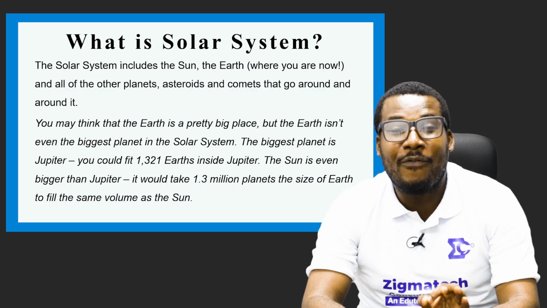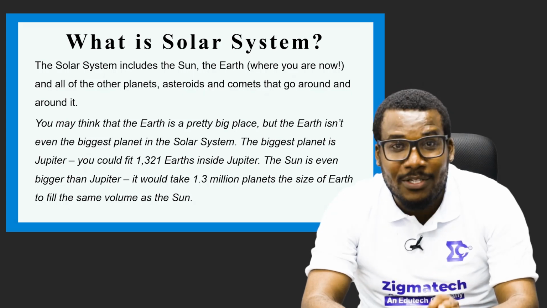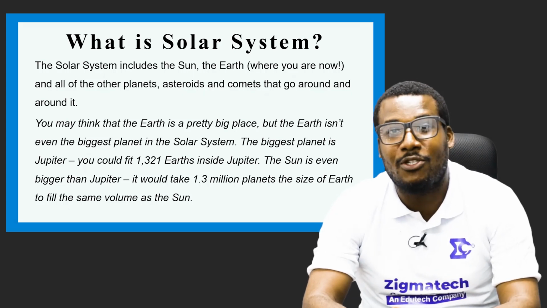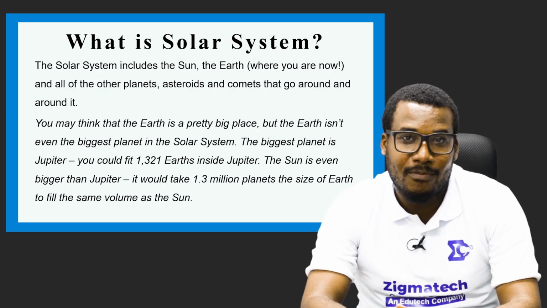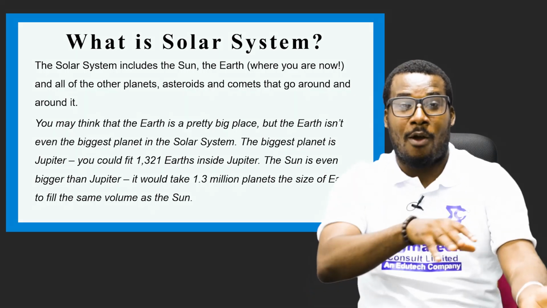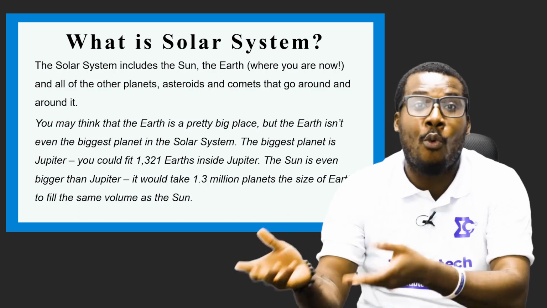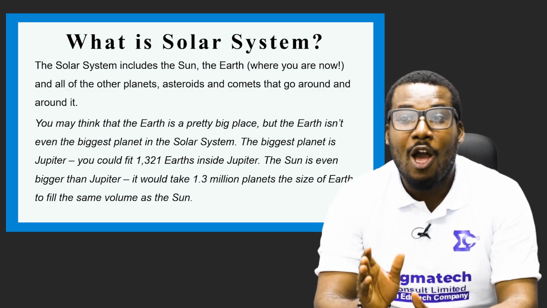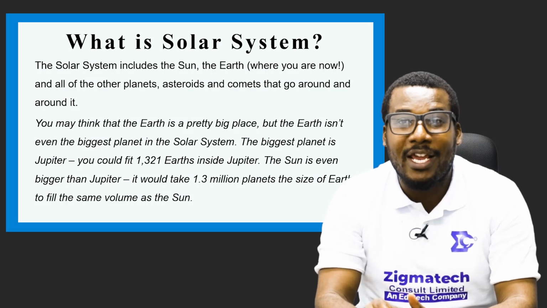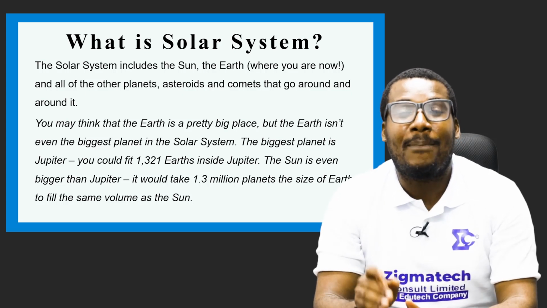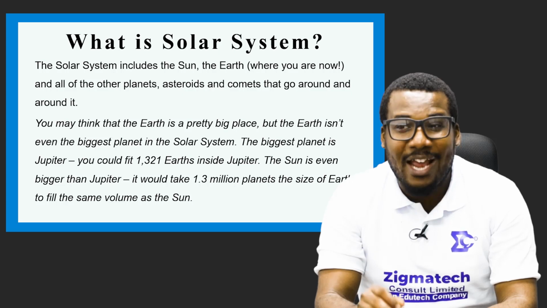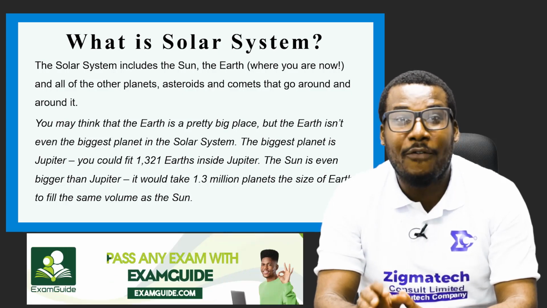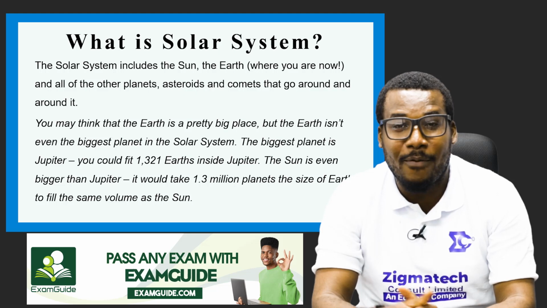You fit almost 1,000 Jupiters in the sun. If you put it together, it will take 1.3 million Earth-sized planets to fit into the sun. That's the volume of the sun.